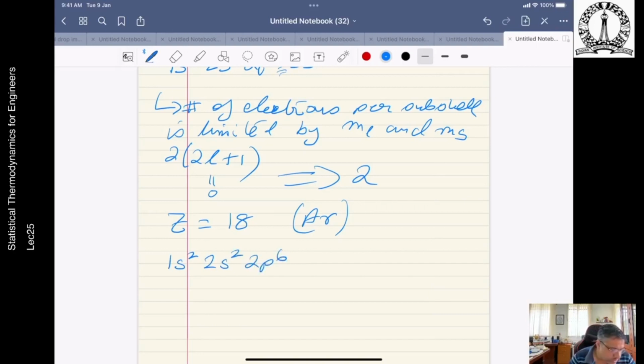These are common for all of these things. And then what comes after that? Then you have 3s2, and 3p6 once again. So this completes the configuration of 18.